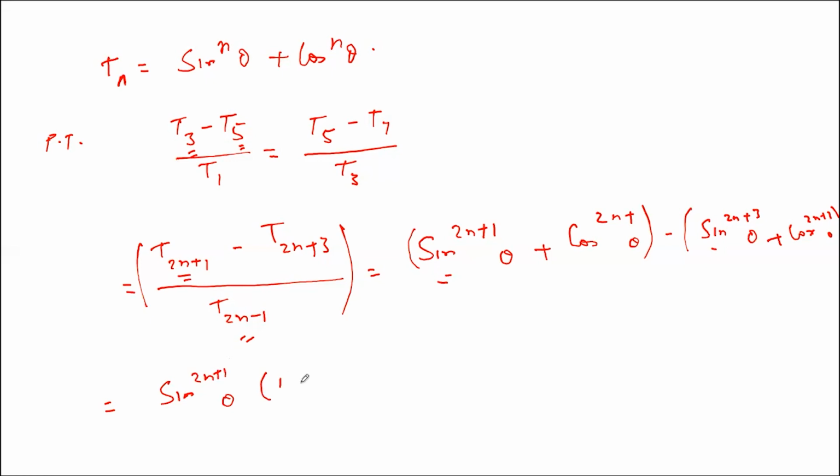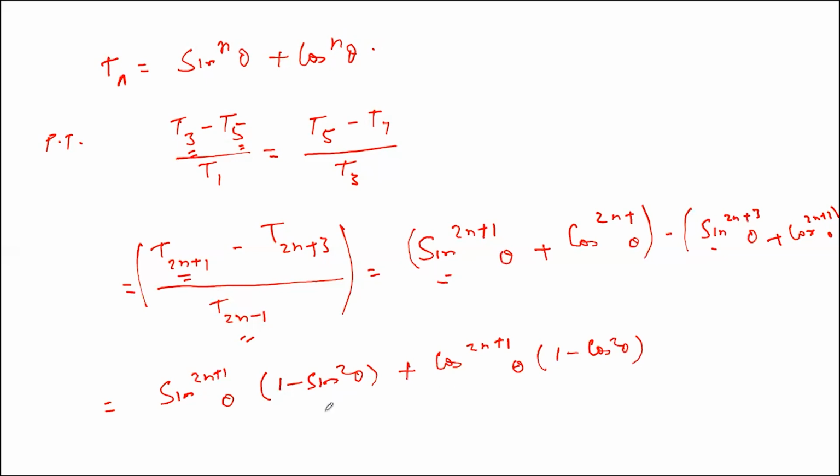I'm getting 1 minus sin square theta, plus cos^(2n+1) theta is common from this, so I'm getting 1 minus cos square theta.